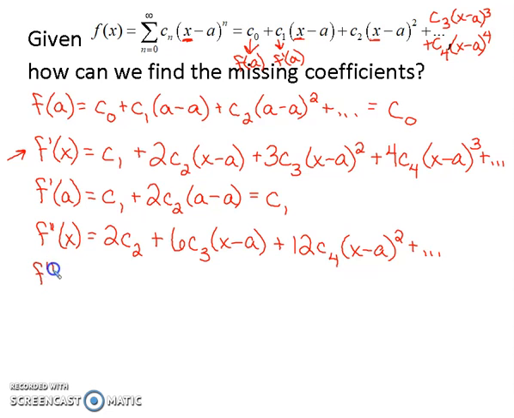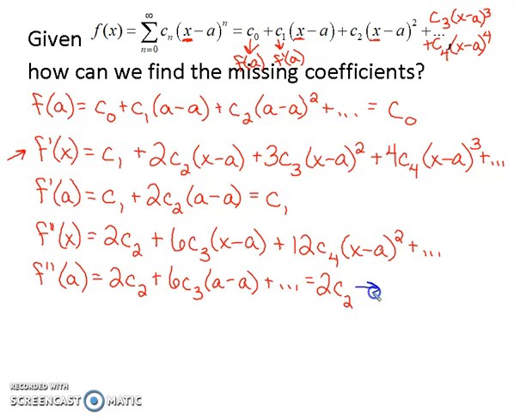So then if we evaluate that at the center, we get 2c sub 2 plus 6c sub 3 times a minus a, and so on and so forth, because all those terms are going to become 0. So it is 2c sub 2, which means that c sub 2, if I solve that, would be f double prime of a divided by 2. So this coefficient could be found by evaluating the second derivative at a and dividing it by 2.